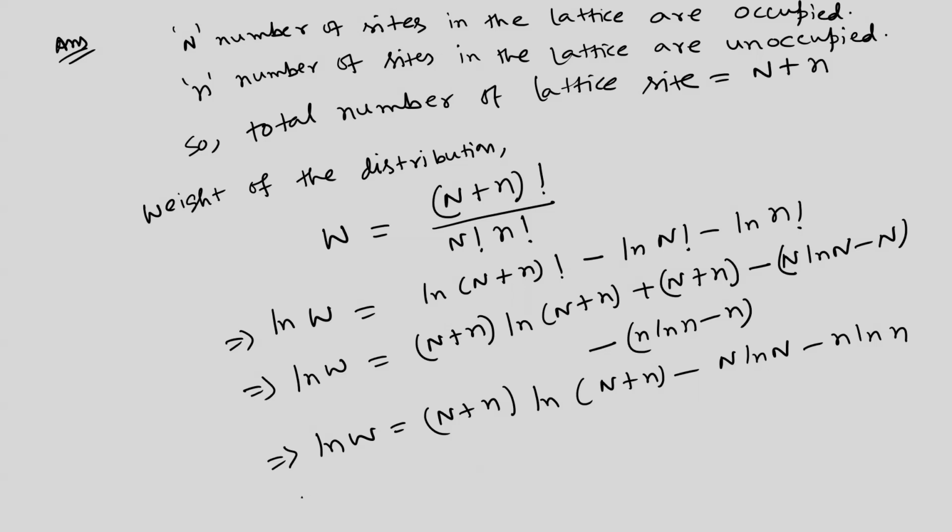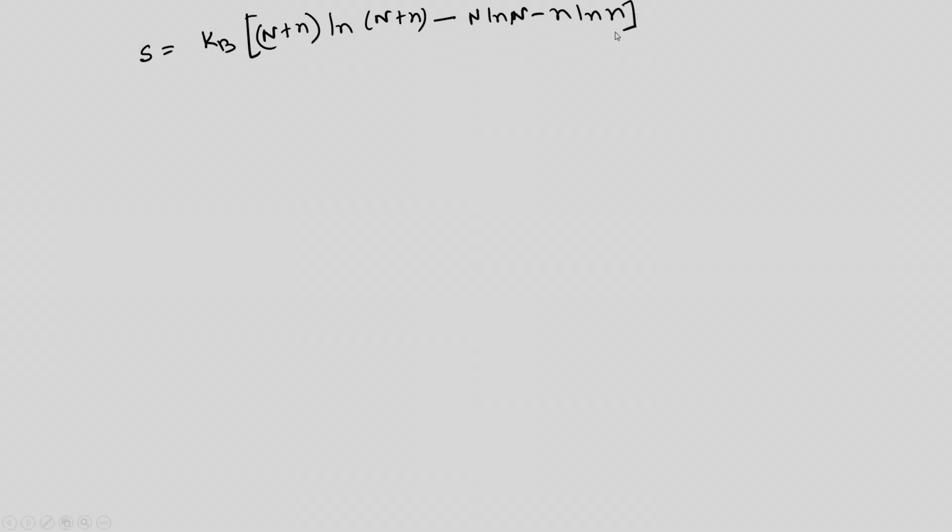So, entropy S is related to ln W by the expression S equals kB ln W. So, if we substitute the value of ln W here in the expression of S, we get S is kB times (N plus n) ln (N plus n) minus N ln N minus n ln n.